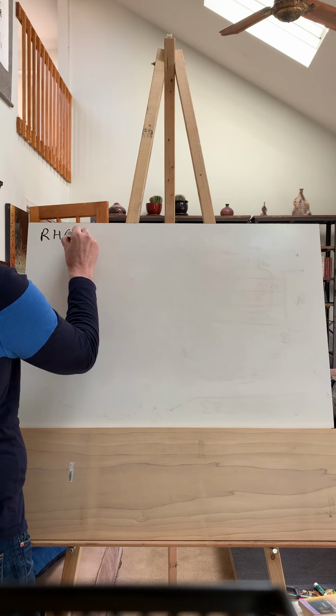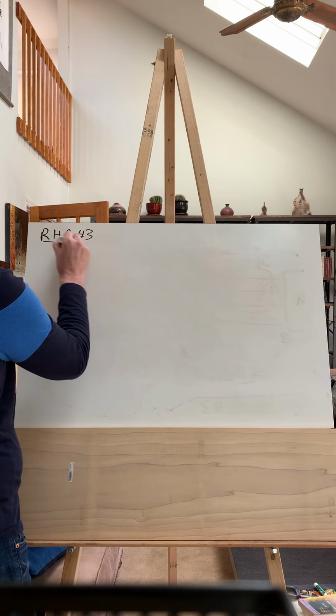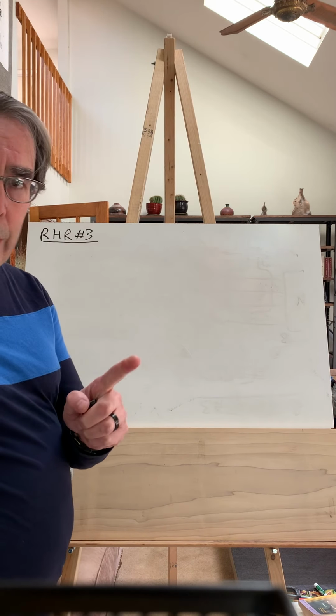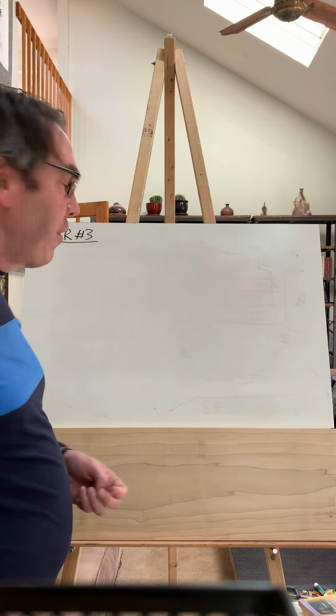Let's say right-hand rule number 3. So we need the external magnetic field, right? We can do that like this. Say we have a north and a south pole. And of course, in principle, this is itself a bar magnet.